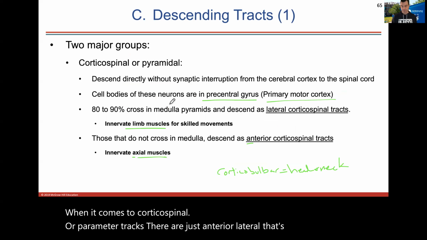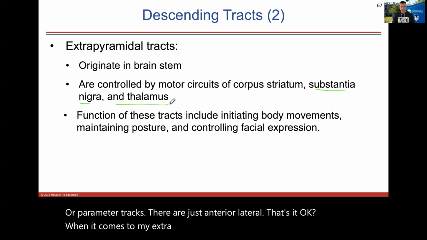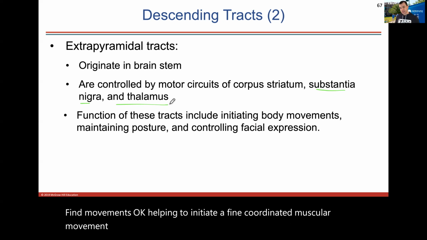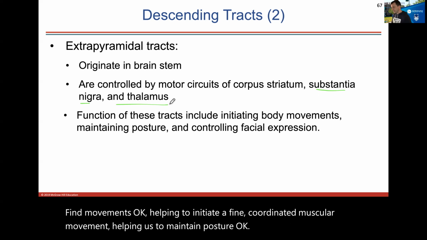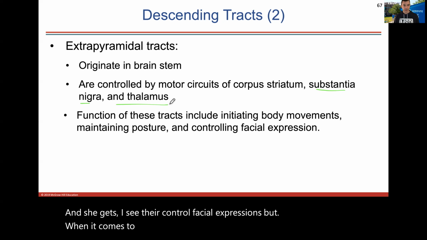When it comes to my extrapyramidal tracts, these are going to do a lot of fine movements, okay? Helping to initiate fine coordinated muscular movement, helping us to maintain posture, okay? As you can see, they control facial expressions. But when it comes to pyramidal, there's just the corticospinal, anterior and lateral.